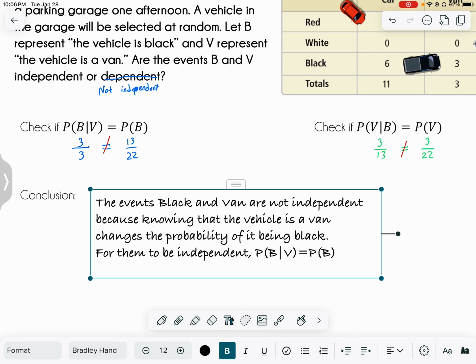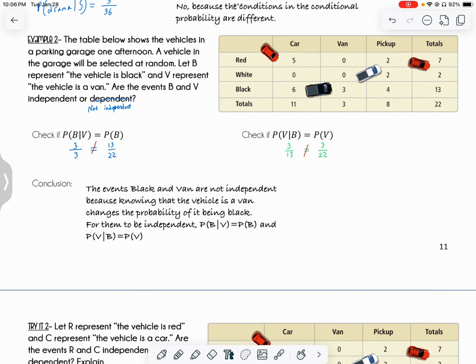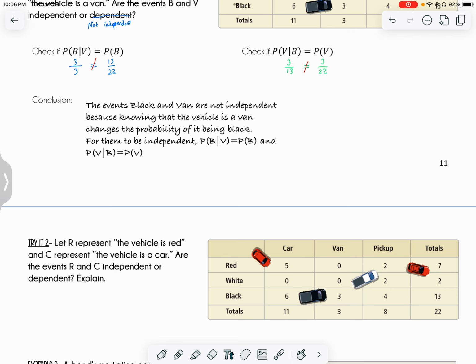In other words, the chance of it being a van won't influence the probability of it being black, and the probability of van given black has to be equal to the probability of it being a van. In other words, knowing that it's a black color doesn't change the probability that it's a van. Both of those have to be true for those events to be independent. And that is our test for independence.